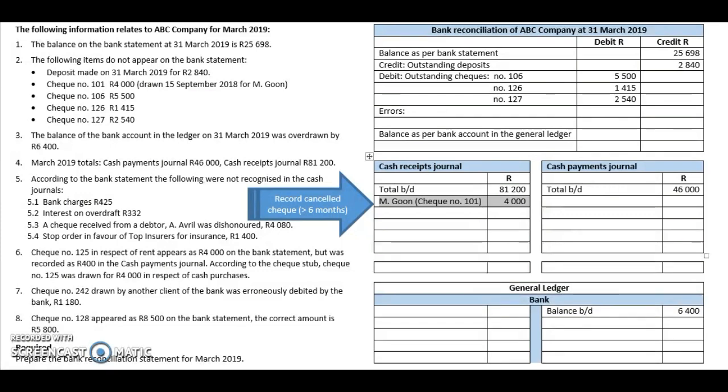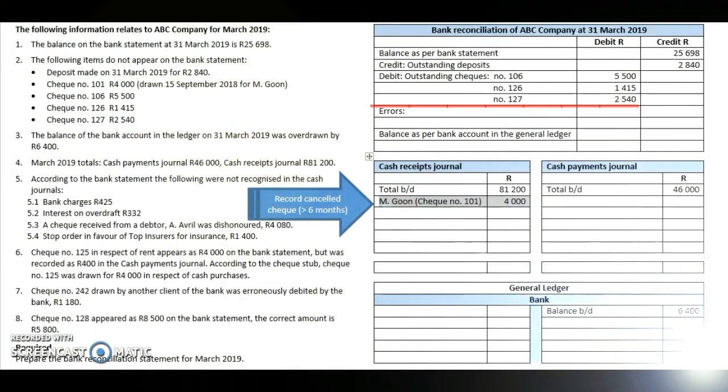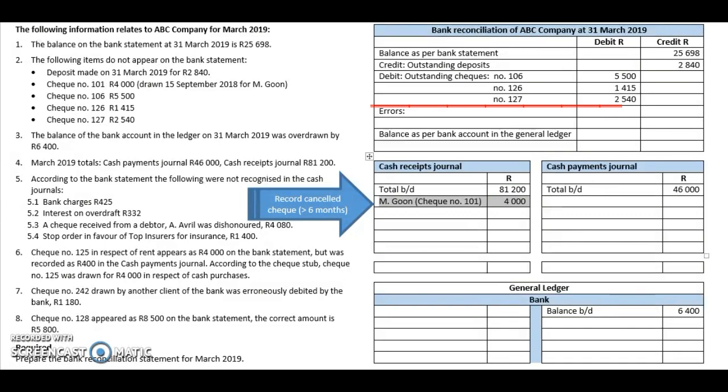Check number 101 should thus be recorded in the cash receipts journal in order to cancel it. And checks number 106, 126 and 127 should be debited on the bank reconciliation statement.